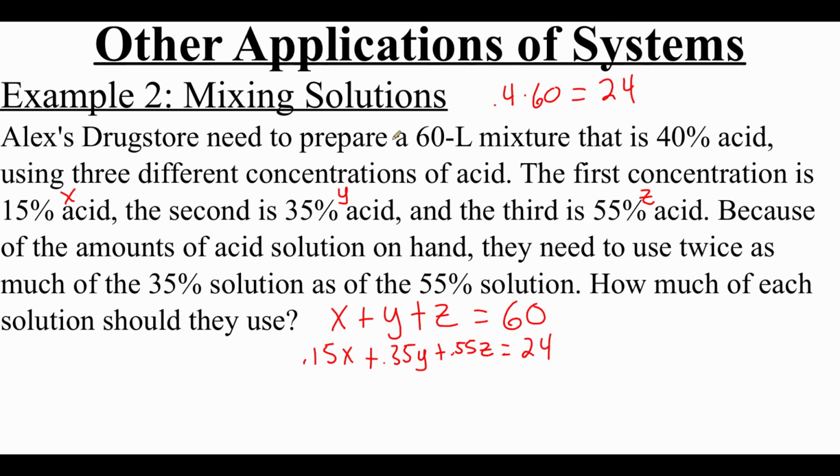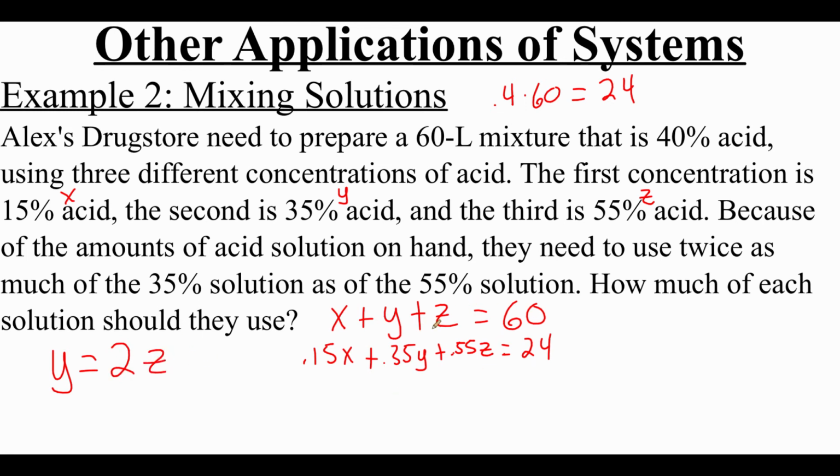Now, the last thing we're told is that we need to use twice as much of the 35% solution as we do of our 55% solution. So our 35% solution was our y value, and our 55% solution was our z value. So if we're doing twice as much of the 35% as the 55%, then our y value, which is the 35%, is twice as much as the z value.